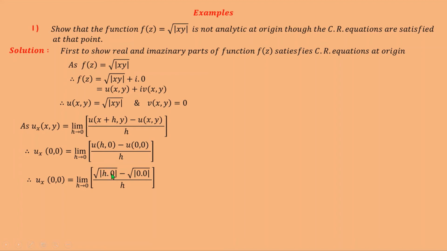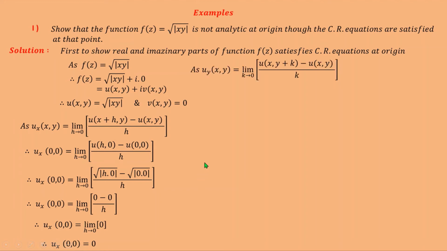Make this calculation. h·0 is 0, mod of 0 is 0, root of 0 is 0, so this term is 0 and this term is 0, upon h. So this is equal to limit h tends to 0 of 0 upon a non-zero number, which is 0. Now evaluating this limit, we get u_x at (0,0) is equal to 0.